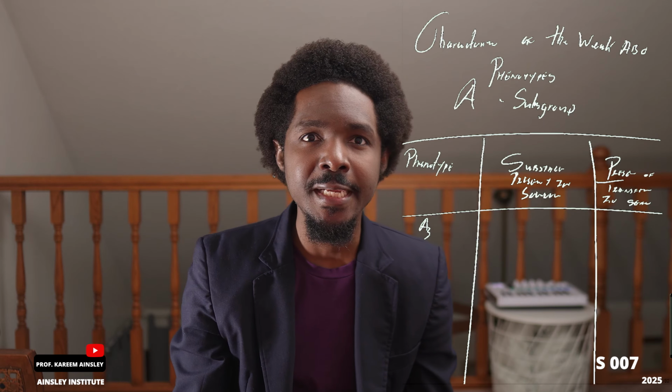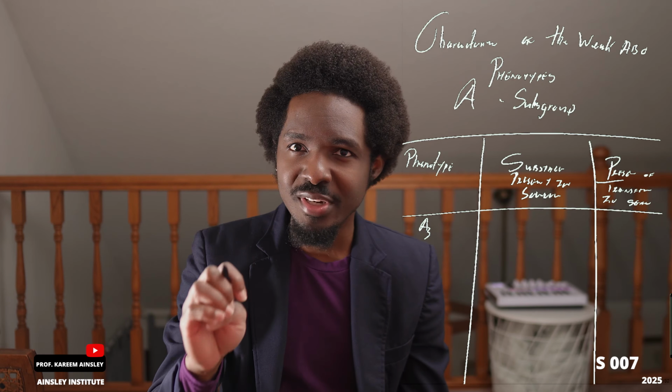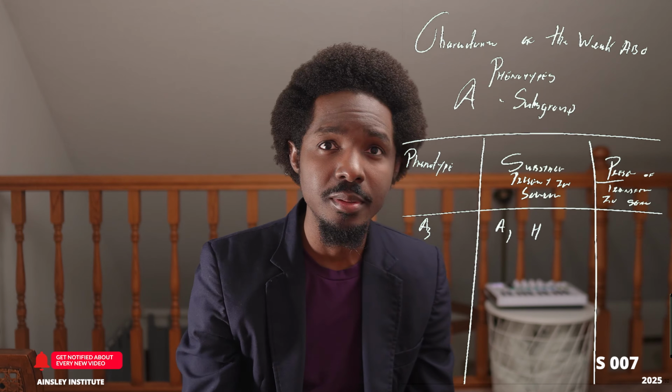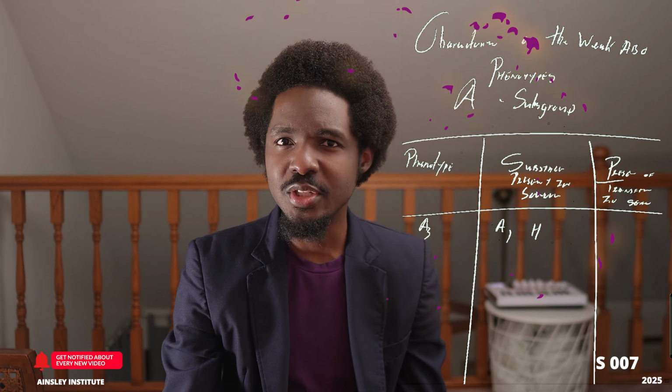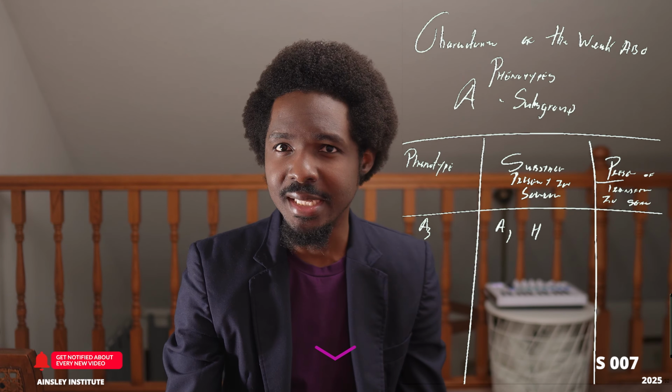So the A3 subgroup, we are expecting the presence of A and H. A and H. All right? And we know that there's going to be H present because the anti-H reacted at 3+.